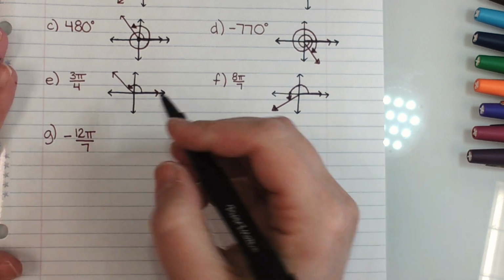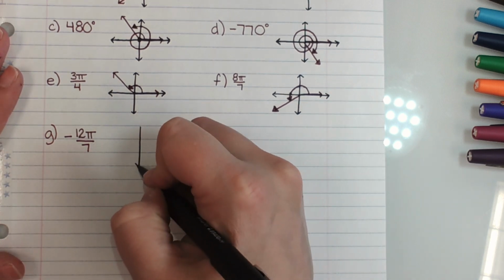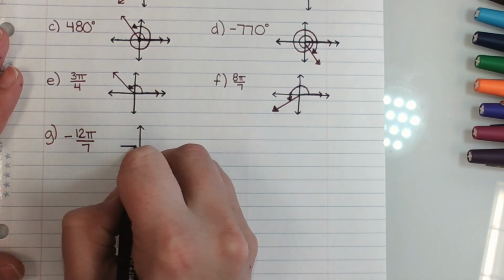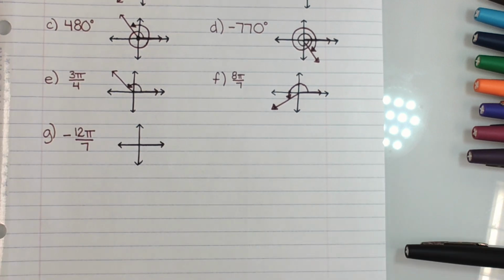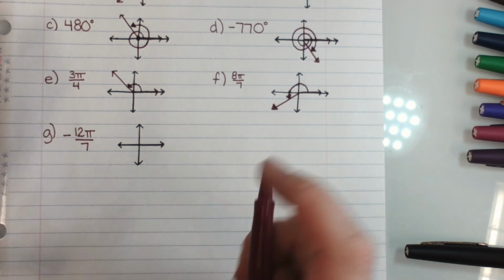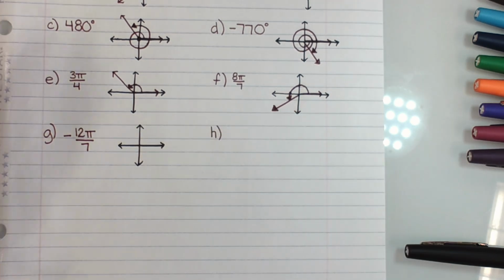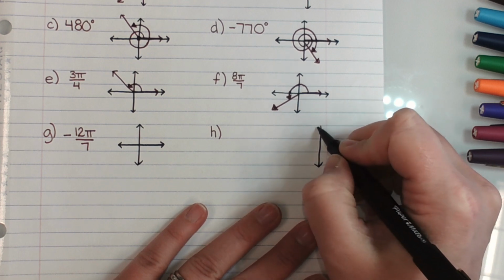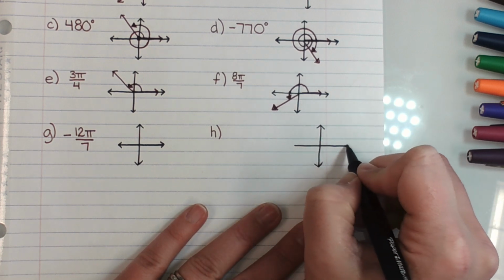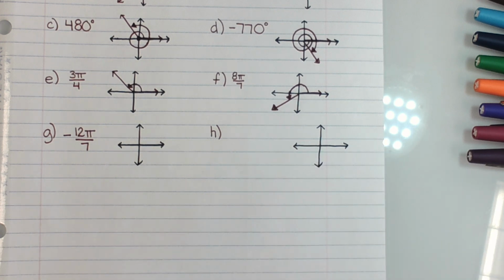I got 2 more examples, then we're done. Negative 12 pi over 7.